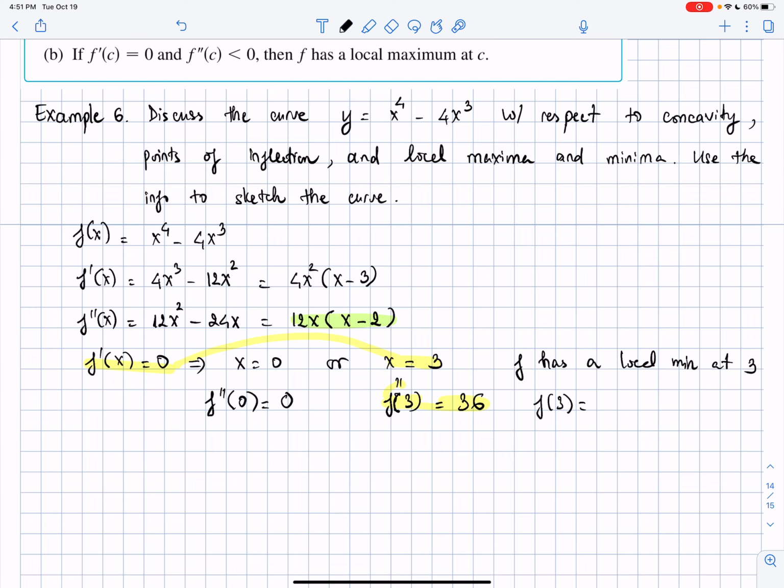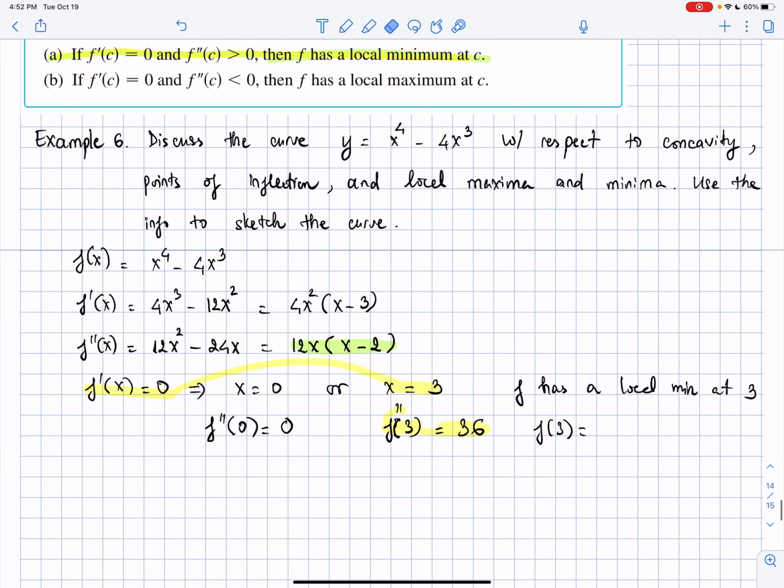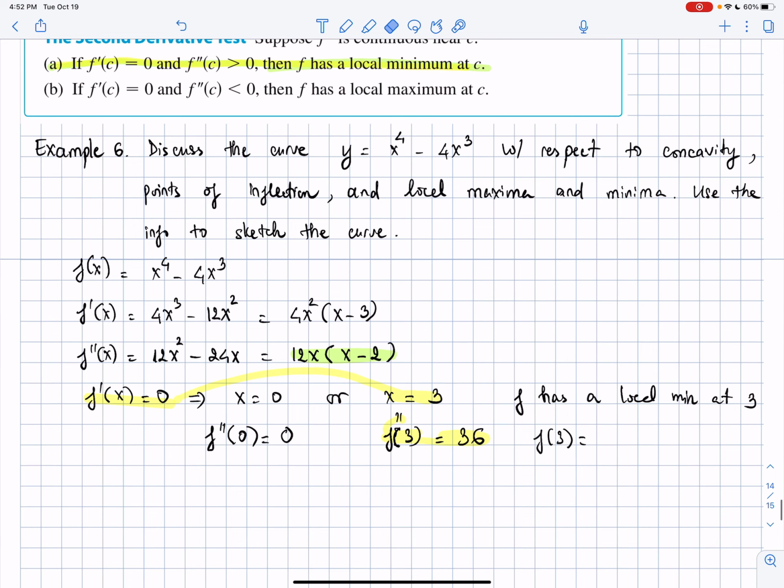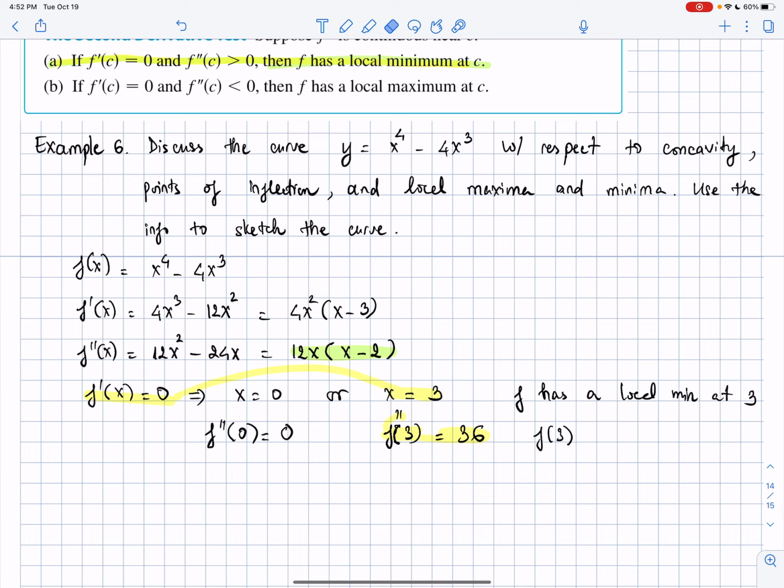You be careful, the answer is not 36 if you put in the 3. This number 36 just helps you to check whether it's a local maximum or minimum, to check positive or negative. But to find out the point on the graph, we will plug the x value into the function f, okay?